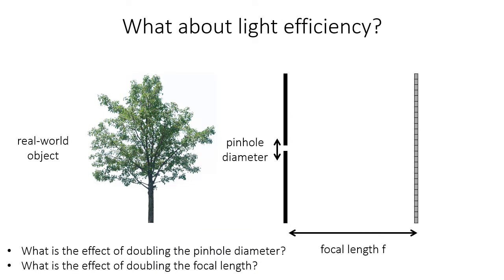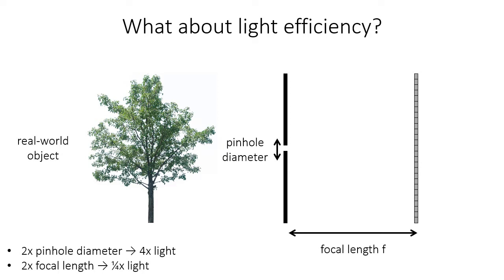Let's look at light efficiency. For this configuration, with a real world, a specific pinhole diameter and a specific focal length f, what is the effect of doubling the pinhole diameter like this? And what is the effect of doubling the focal length? So the focal length is farther from here.